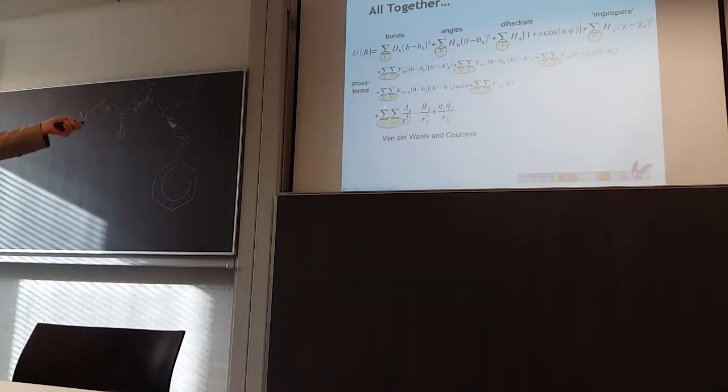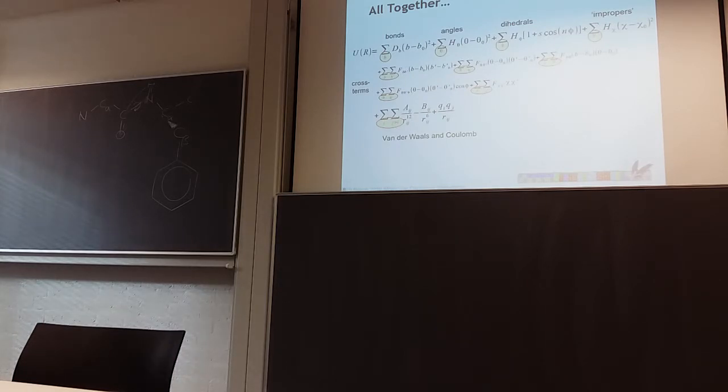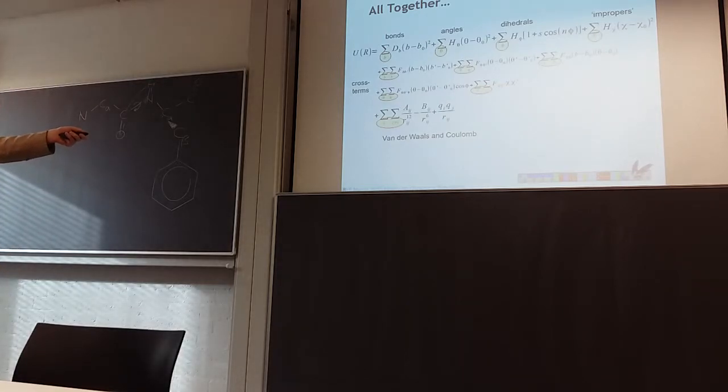So i is all atoms, and j is all the other atoms, and then only j larger than i, because if you've done atom 1 with atom 100, you don't have to calculate 100 to 1, because it's the same pair of atoms. The interaction will be the same. Actually opposite, but the same. And how many bonds do you have compared to the number of atoms?